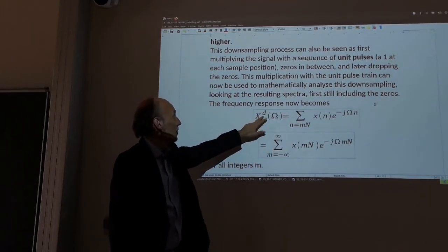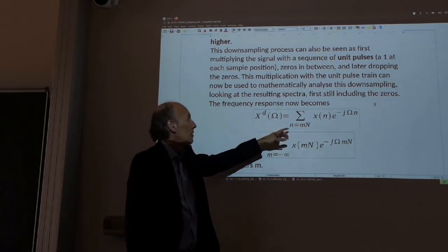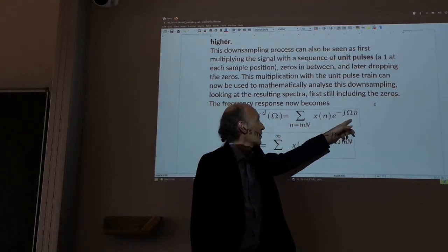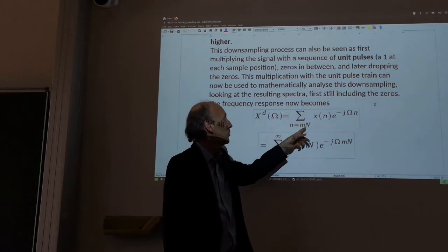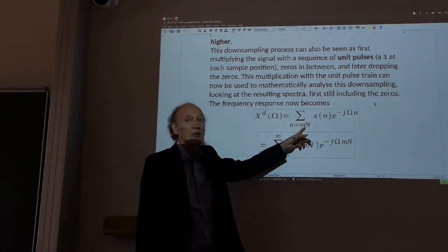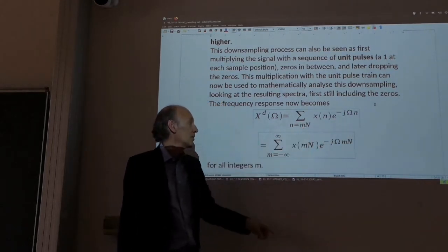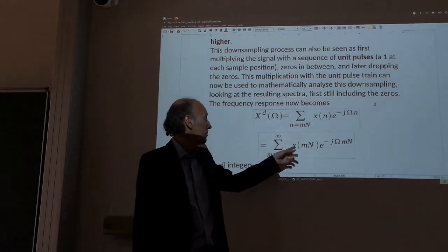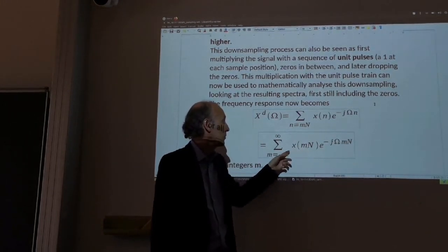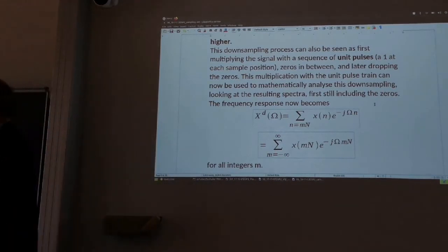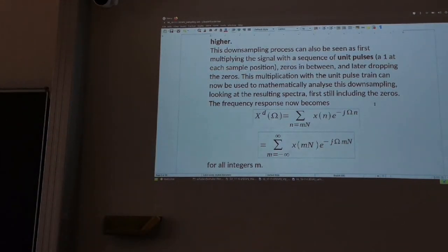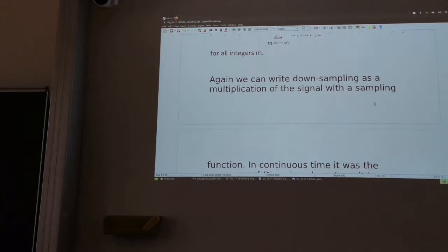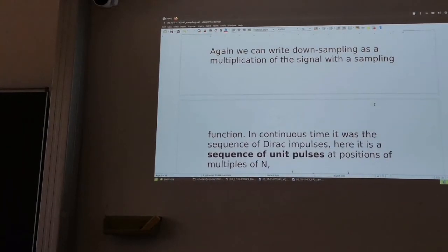The downsampled spectrum is basically the same as before, but now we only have the non-zero terms at integer multiples of capital N. So using index substitution, this is what we did. We can now also write the downsampling as a multiplication of the signal with the sampling function, as we did before.